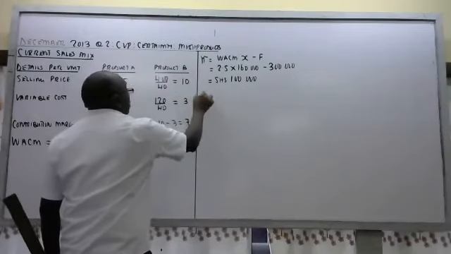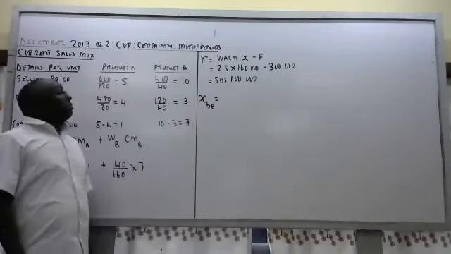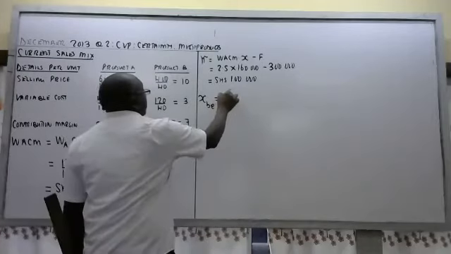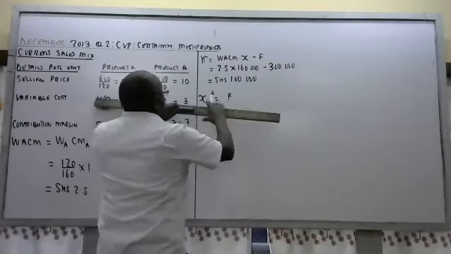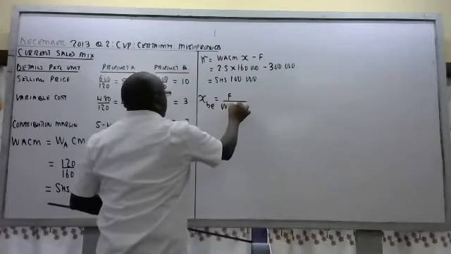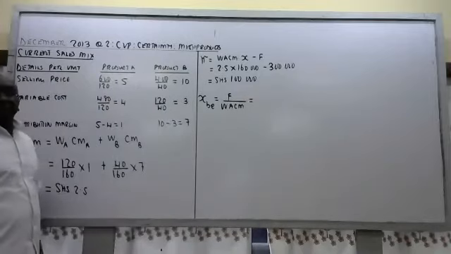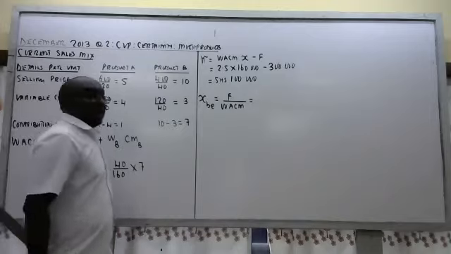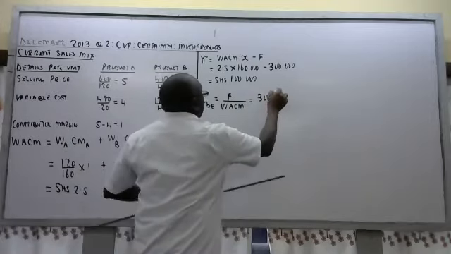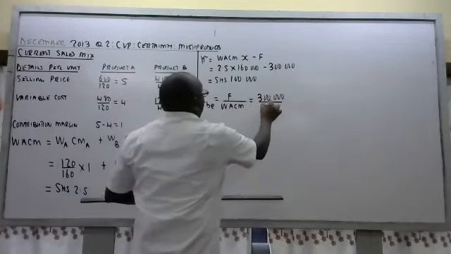If you are told to get the break-even point, XBE, it is F divided by WACM. Now this one will be 300,000 divided by 2.5.